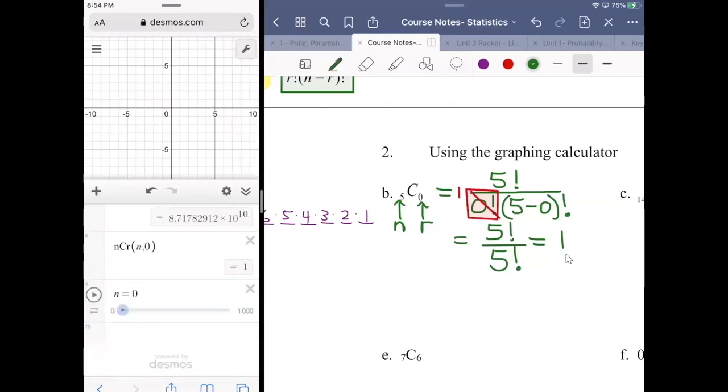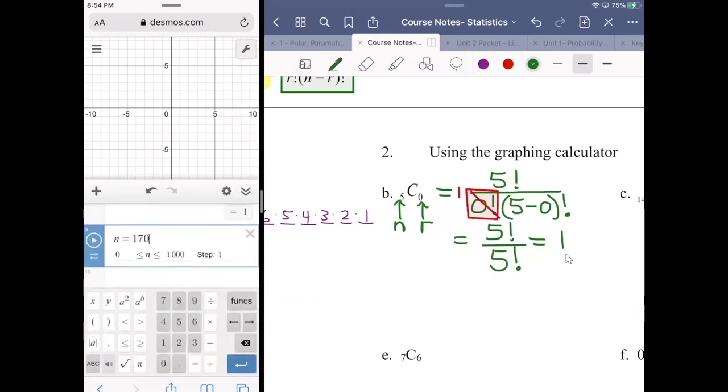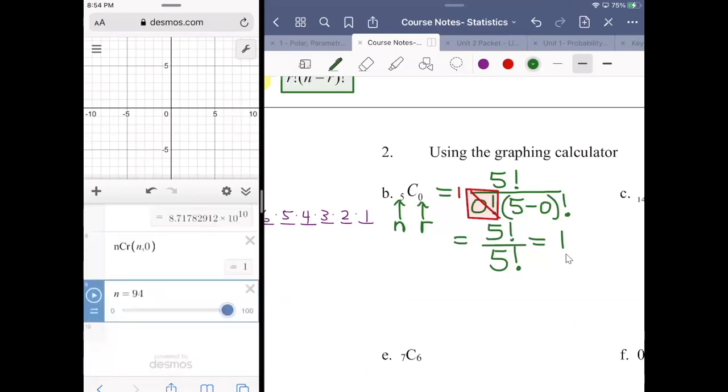So slide along, and you could see no matter what value I put in here, I think I might accidentally type in 10 for this step. No, it's just maybe let me make that a little lower. So it's really kind of hopping around on it. But no matter what that high value is, that n value, the NCR is always equal to 1. Right? So there's no change there.